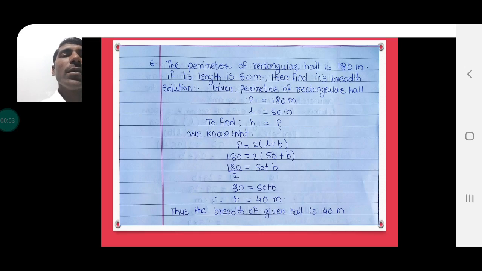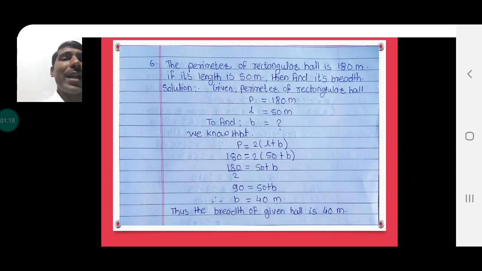So let's start the answer. Given, the perimeter of the rectangular hall, which we denote by P, is equal to 180 meter, and the length of the hall is 50 meter. So we have to find the breadth of that rectangular hall, which is the question mark.